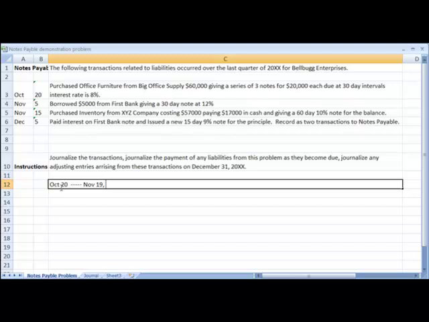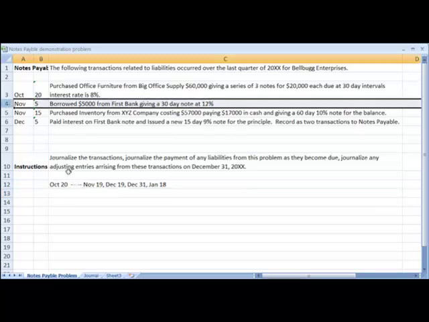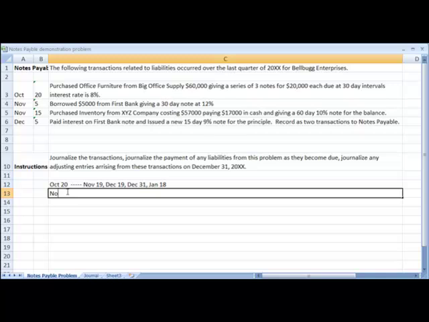And then 30 days after that, on December 19th, we'll have a journal entry. Then at the end of the year, we'll have an adjusting entry. And then finally, when the last of the 3 notes is due, which will be January 18th, we're going to have a journal entry.